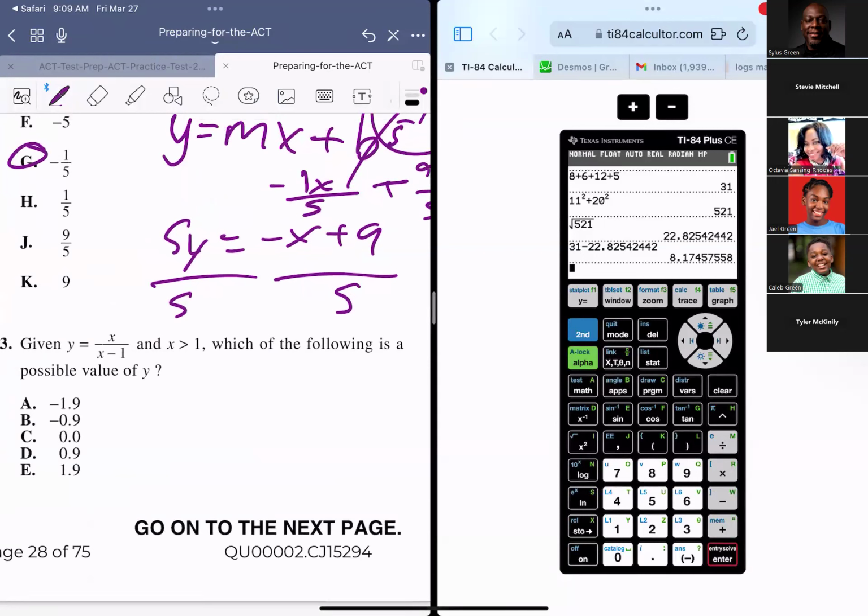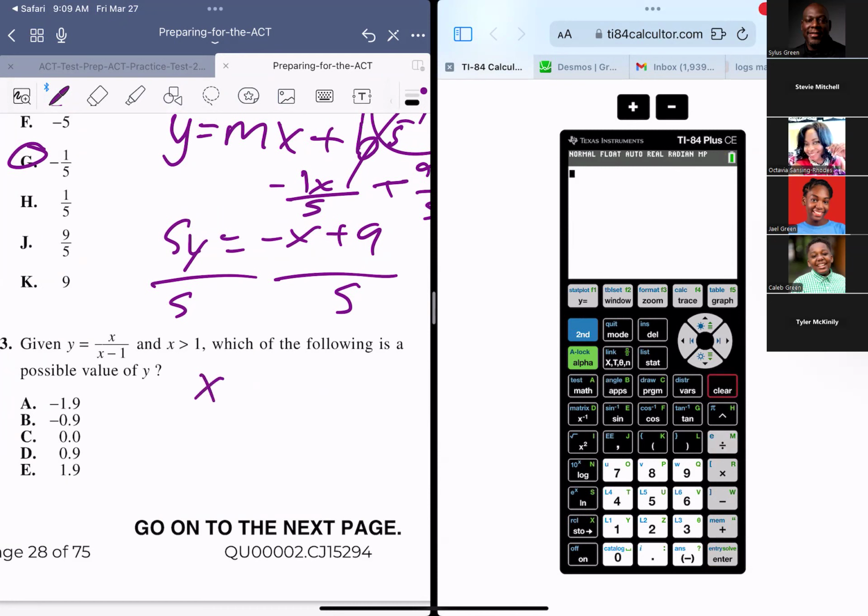Okay. Given that y equals x over x minus 1, and x is greater than 1, which of the following is a possible value of y? Okay. So we can just plug in for this one.